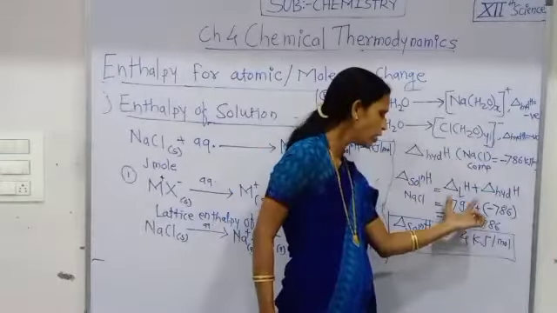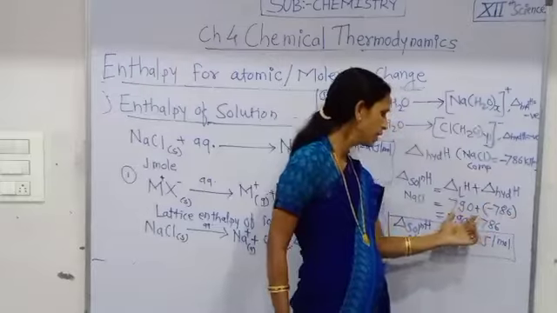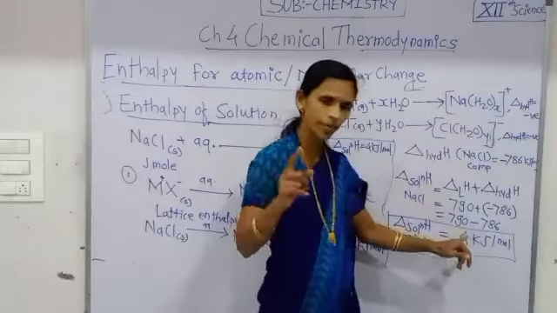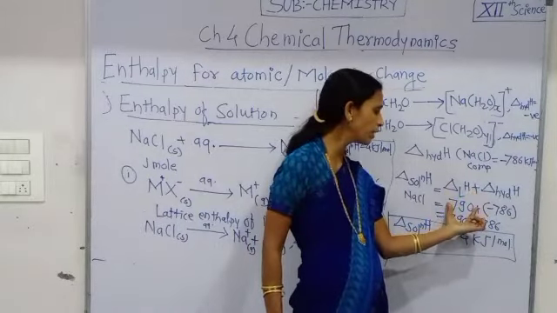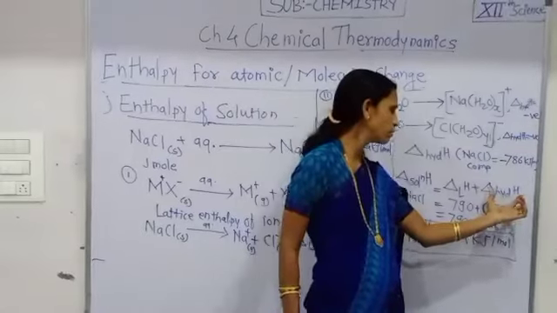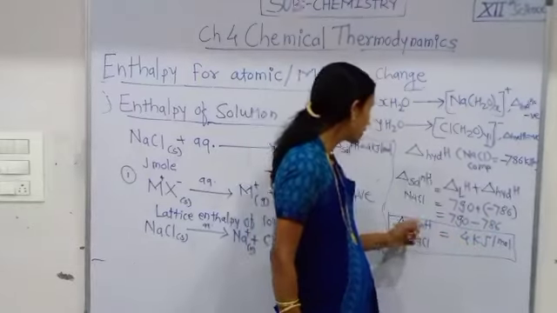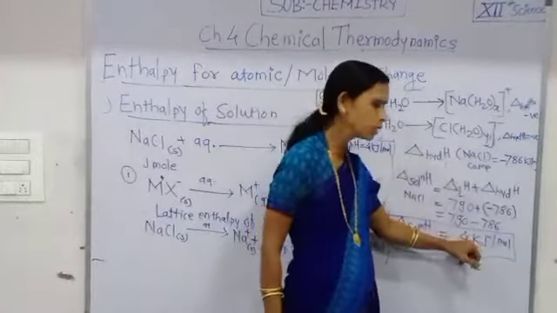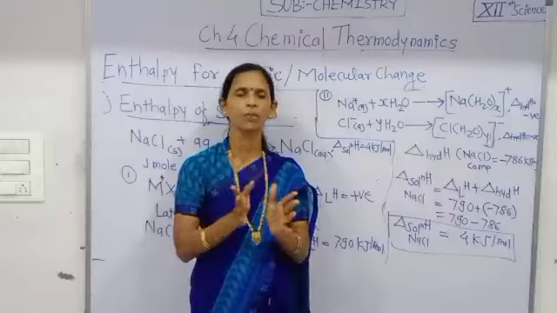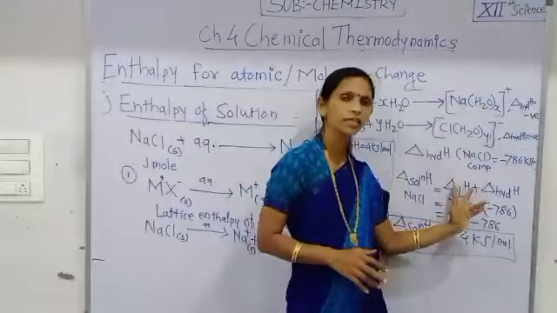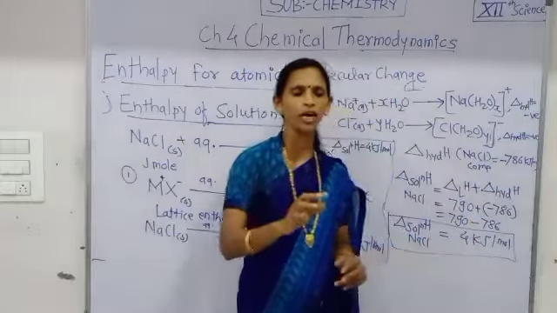If the value of the lattice enthalpy is greater than the enthalpy of hydration, then the enthalpy of solution of that ionic compound is positive. But if the value of the lattice enthalpy is less than the enthalpy of hydration, then the enthalpy of solution of that ionic compound is negative. That means the enthalpy of solution of any ionic compound depends upon the enthalpy of hydration as well as the lattice enthalpy.